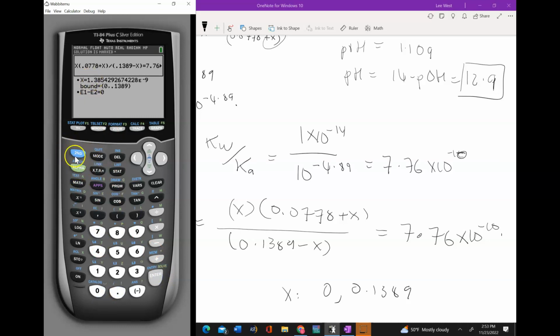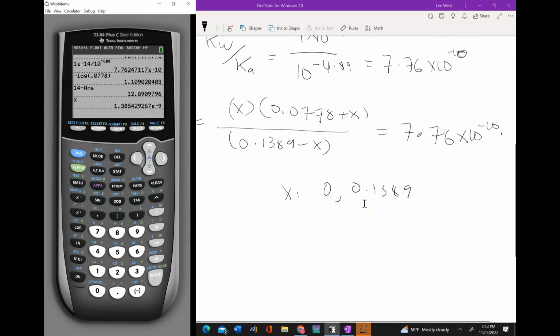Ooh, we got an answer. And so our X, as anticipated, was itty bitty yet again, right?